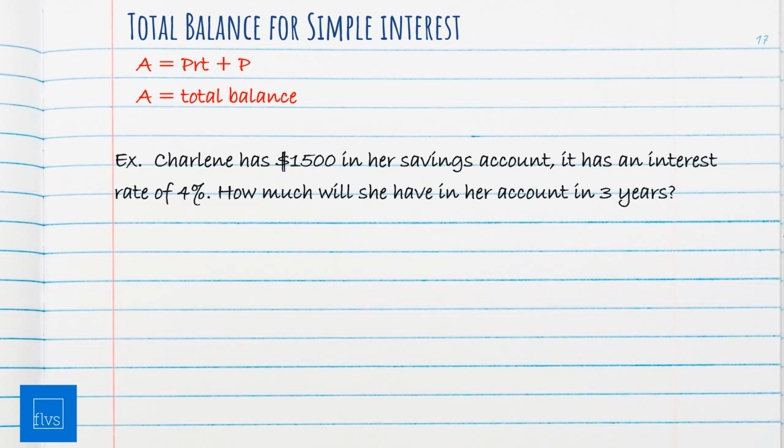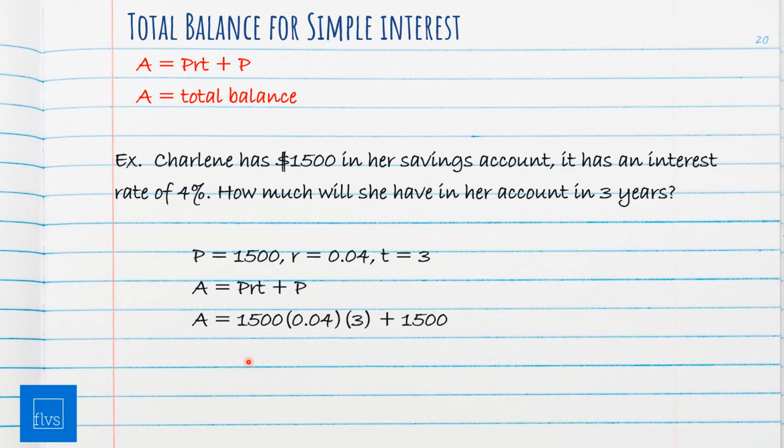So we're going to use this formula. P, R, and T are still the same because we're using the same problem. So PRT, 1,500 times 0.04 times 3 plus P, which is 1,500.